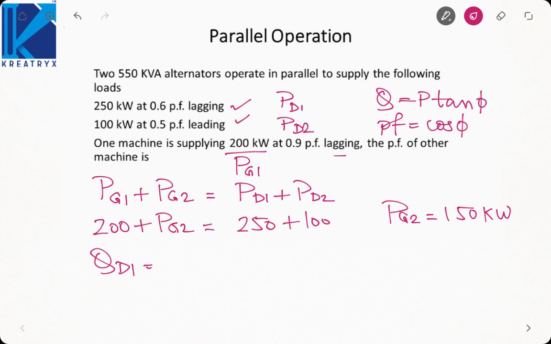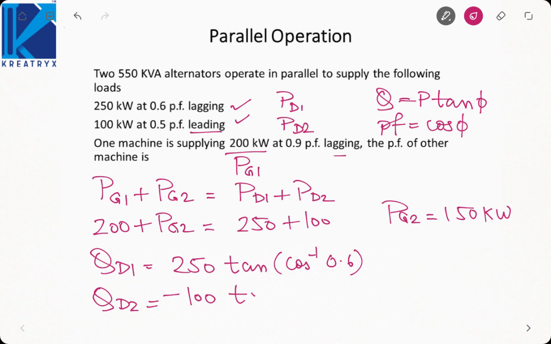So I can determine phi by taking cos inverse of power factor. So QD1 I am directly writing as 250 into tan of cos inverse 0.6. Similarly, QD2 is leading, so it shall be taken as negative, minus 100 tan cos inverse 0.5.